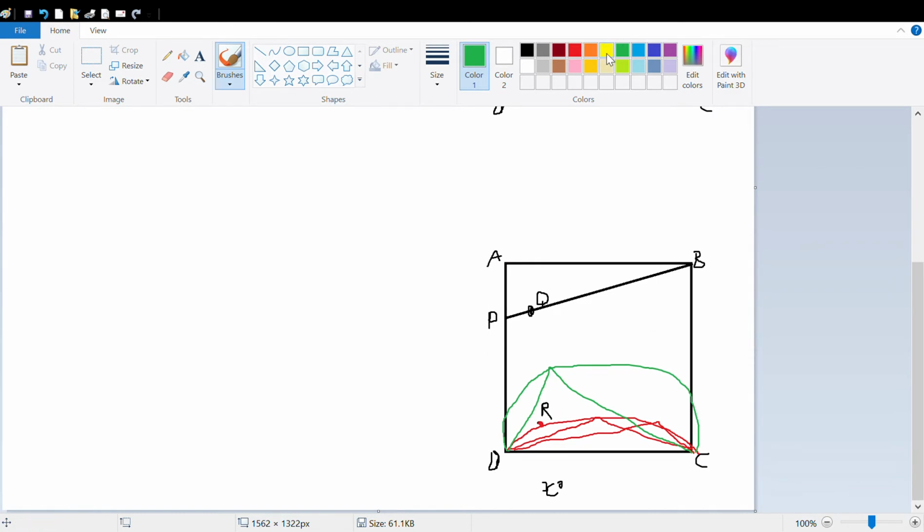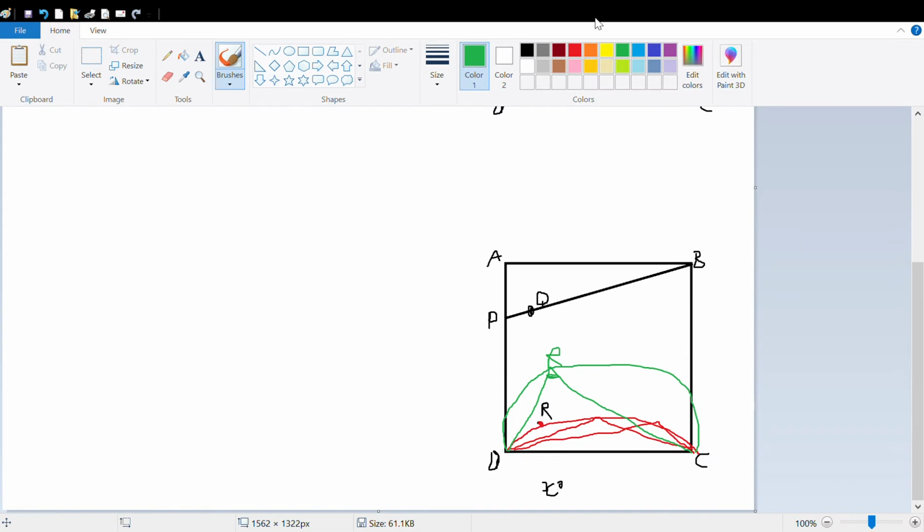And the fact that this arc doesn't intersect with side PB means that there's no point R along side PB such that DRC is that angle, because there's no intersection.